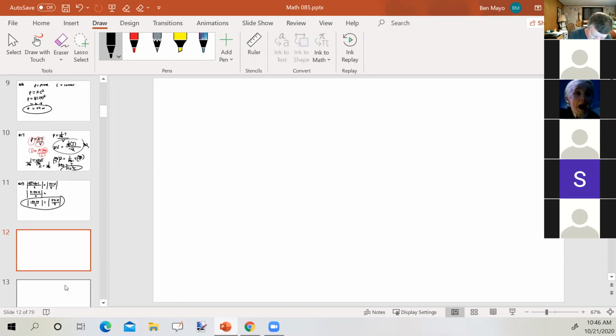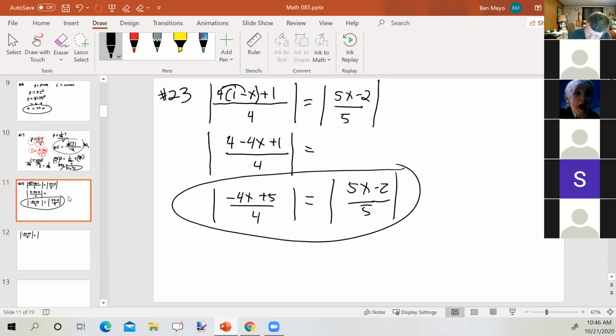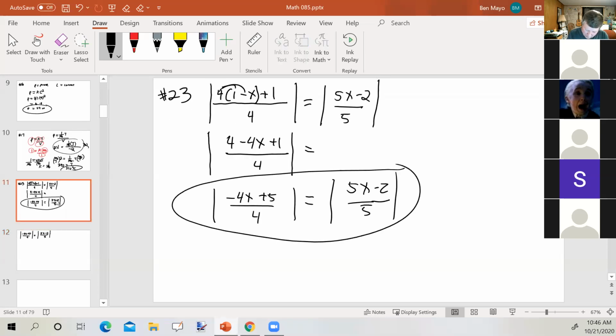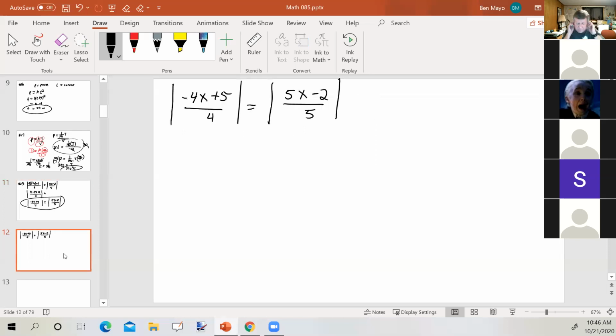Negative 4x plus 5. So we've got negative 4x plus 5 all over 4 equals 5x minus 2 over 5. So have I got that copied correctly? Okay, I think so.